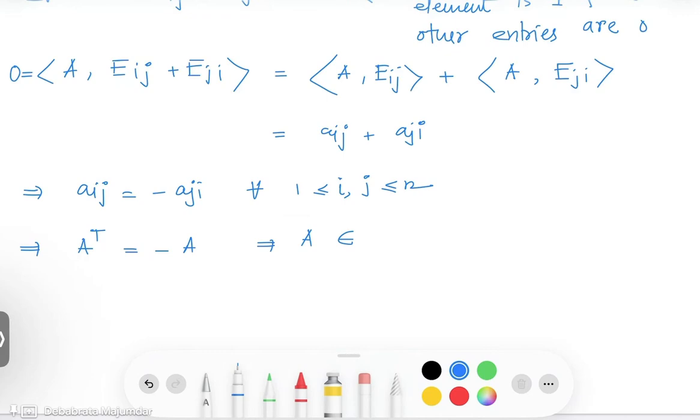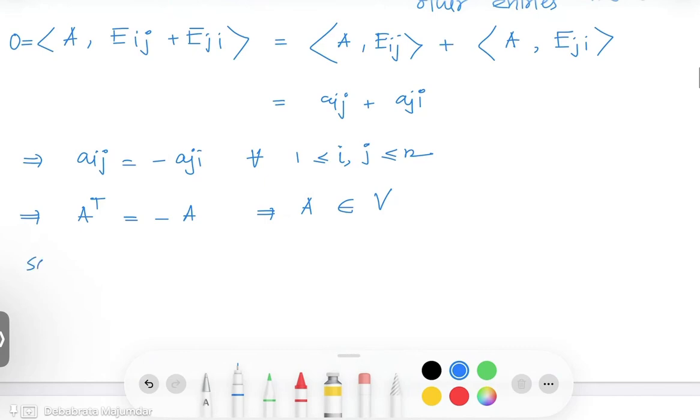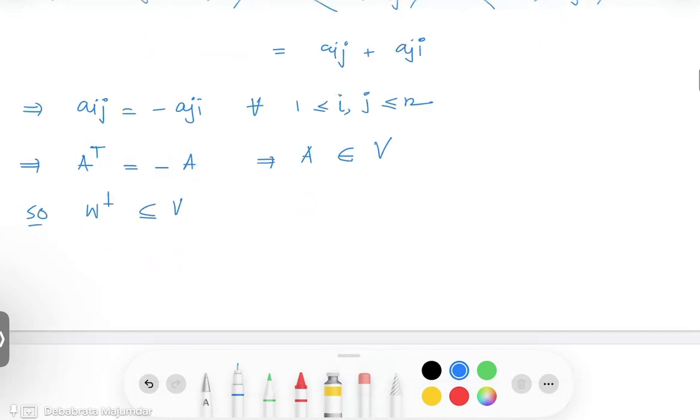A is skew symmetric. So W bar is a subset of V. So if I combine these two things, then I will get V is equal to W bar. Okay, done.